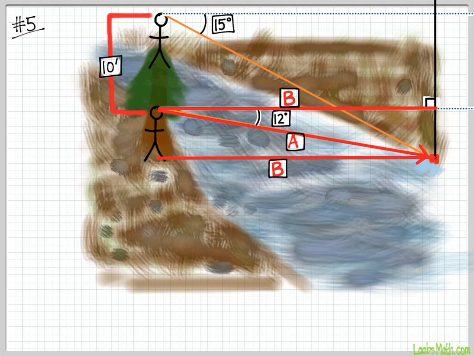And A, the distance from the boy's head, his face, to that spot would be a diagonal of the rectangle. The main thing is, we're here to solve for the measure of A, the distance from the boy to the spot, and the distance of B, which is the width of the river.